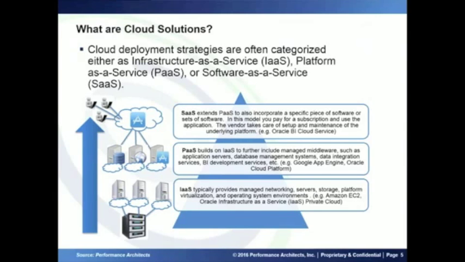So platform as a service would be the middleware, application servers, and so forth, database systems, and then that's built on top of the infrastructure as a service. So typically with Oracle, this would be all of their Linux environments or their high-end machines, depending on what level of service you would buy from them. But what Oracle is providing you essentially is an enterprise level infrastructure for the cost of a subscription. Okay, so you're coming in a software as a service model.